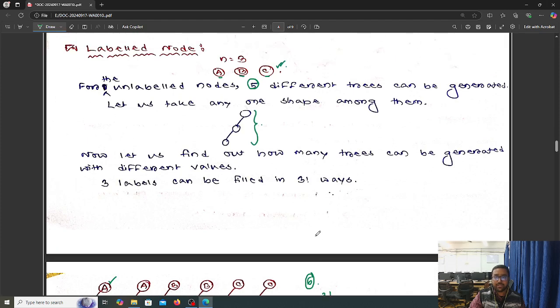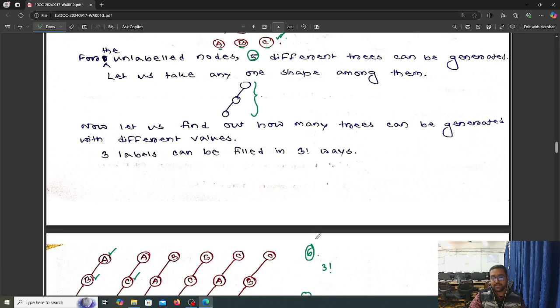Now how many different binary trees are possible? 5 different binary trees are possible if we have only 3 nodes, and for each binary tree we can keep the data in 3 factorial ways. So in total, how many trees can be generated for labeled data?